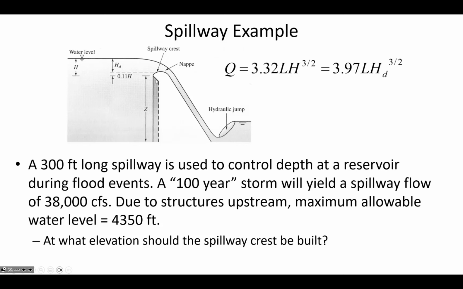Sometimes for modeling purposes, we would try and express this OG spillway in terms of an equivalent sharp-crested weir, but what we want to know is, in this example, it's asking like the actual spillway crest, what elevation should that be at? So you need to solve for h sub d to solve this example. We're not trying to know h, we're trying to know h sub d.